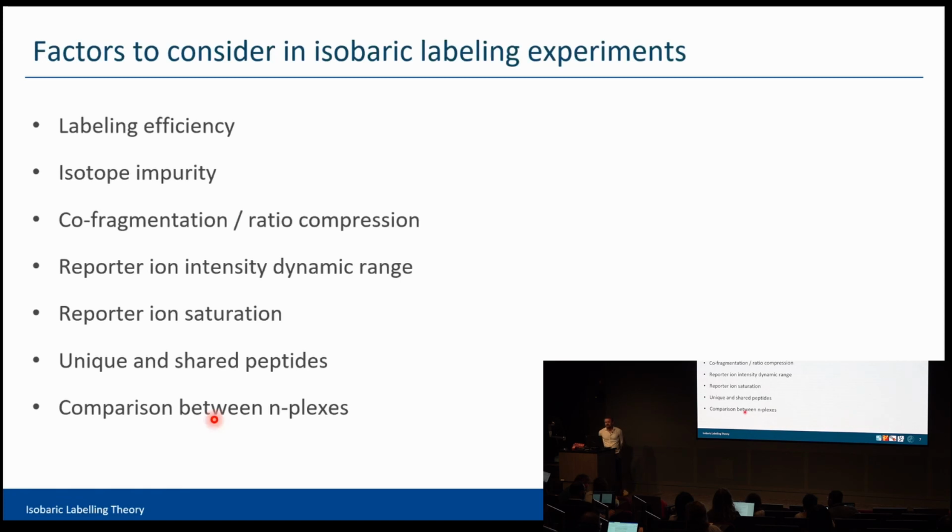There is this famous ratio compression, which I was already talking about yesterday a bit. There is also, depending on the intensity of the reporter channels, there can occur some problems. So I will talk about all that now, and then we will also see how you can do comparison between labeled or multiplexed samples.